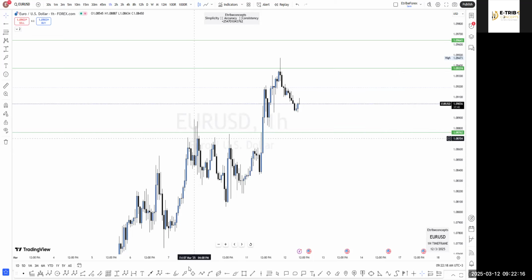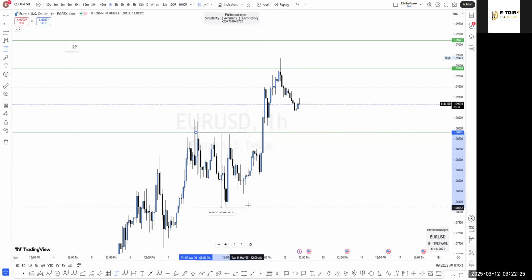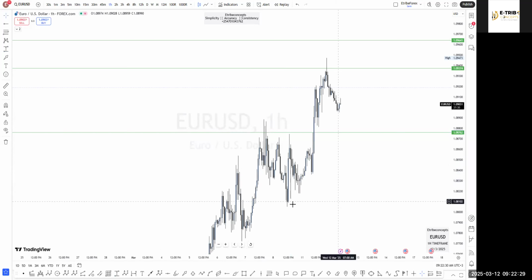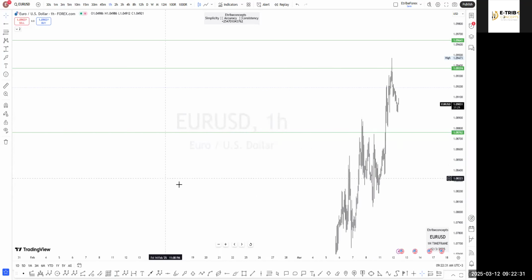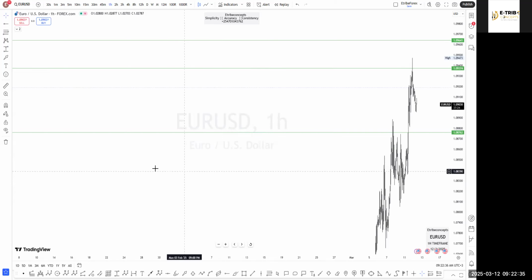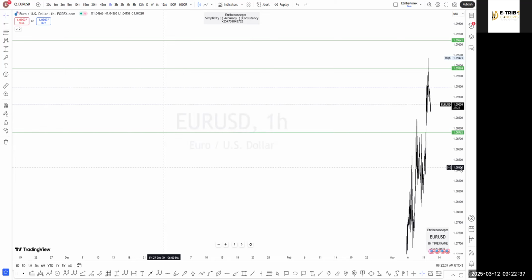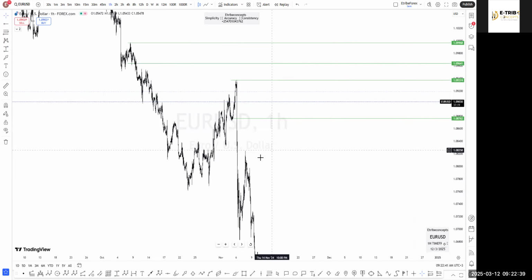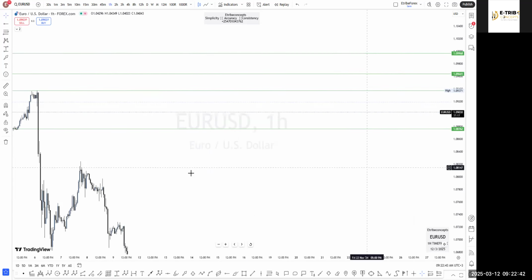And if you look at how much the market delivered in terms of pips, it delivered almost 70 pips. For EURUSD, 70 pips is a lot because EURUSD in a day moves ranging from 40 to 50 pips, maybe 60. When we have high impact news, that's when you can have up to 80 or 100. That's why on this green zone, price was reacting because of the flip zone.